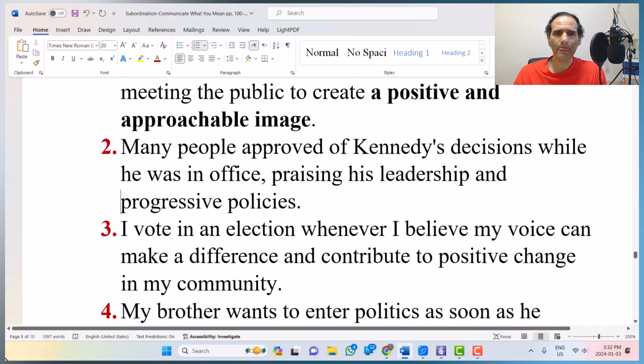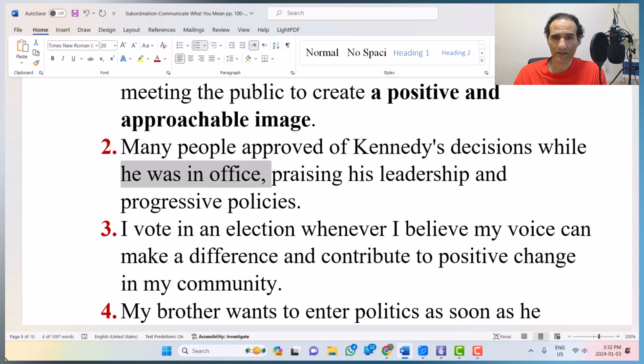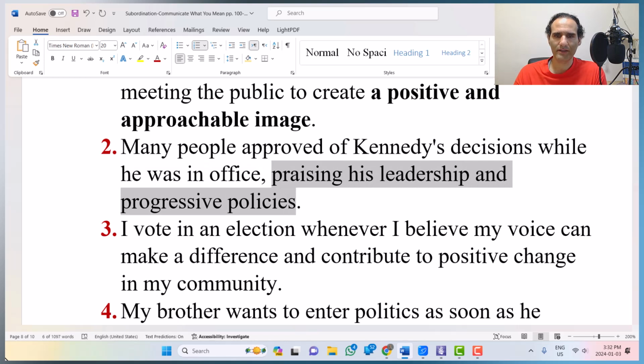Number 2, many people approved of Kennedy's decisions while he was in office, praising his leadership and positive policies. Okay, if you cover this book with me, communicate what you mean, you will be able to generate sentences like these when we cover reduced adverb clauses and reduced adjective clauses.